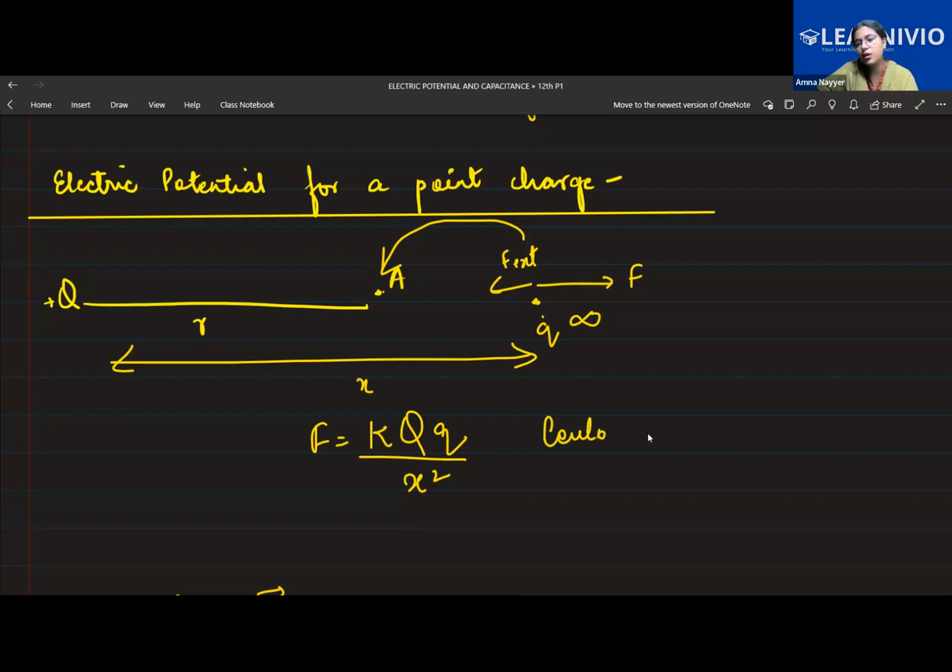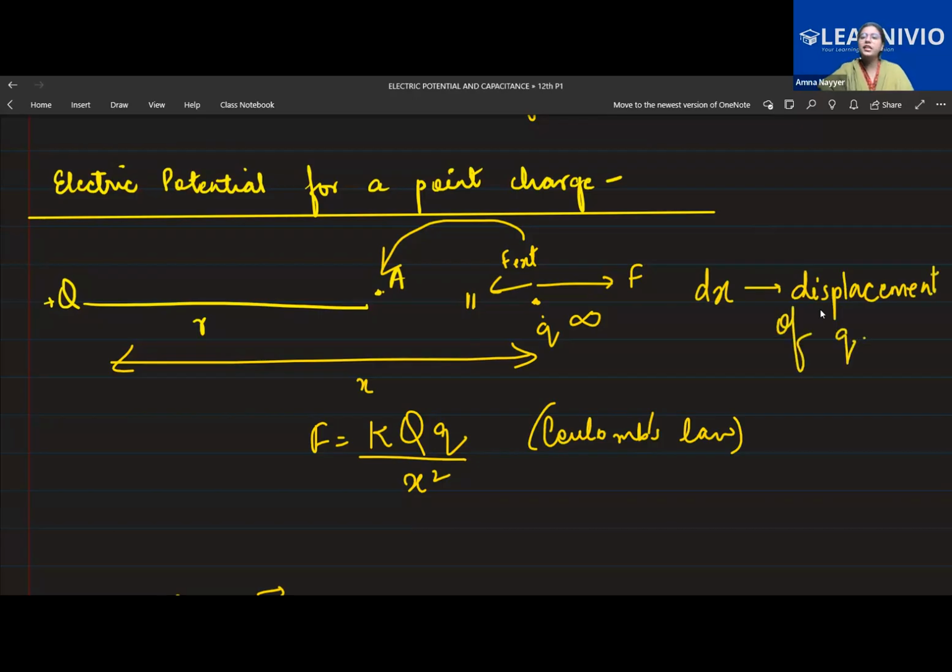Let's assume I have chosen a very small, minute displacement in between, let's say dx. dx is the displacement of small q from infinity to this point r. Now class, if I integrate it from infinity to r, I'll get the exact length and formula, whatever I need.